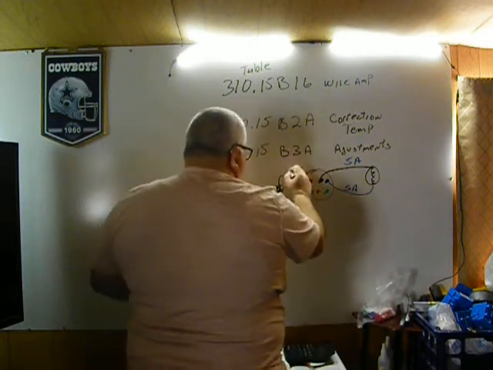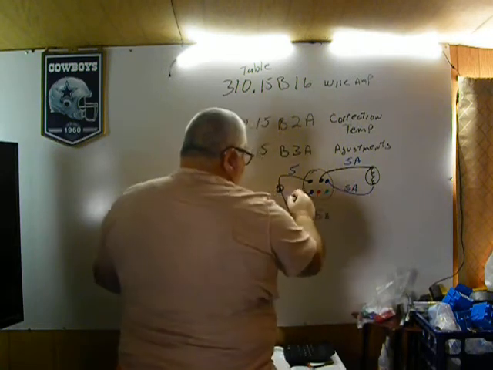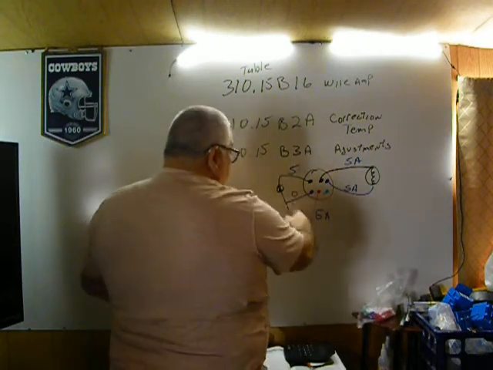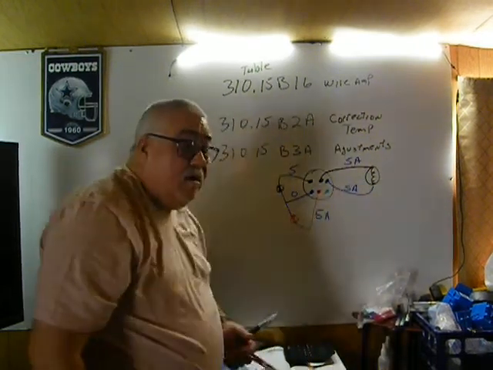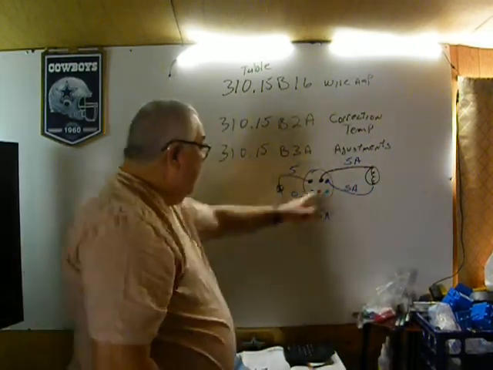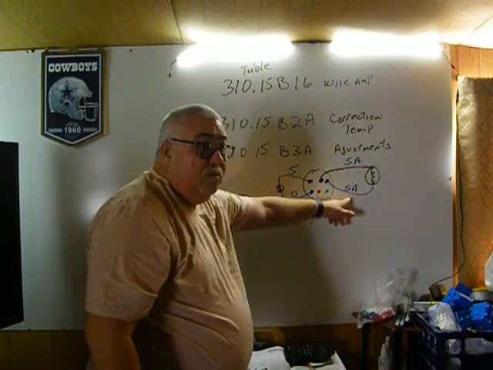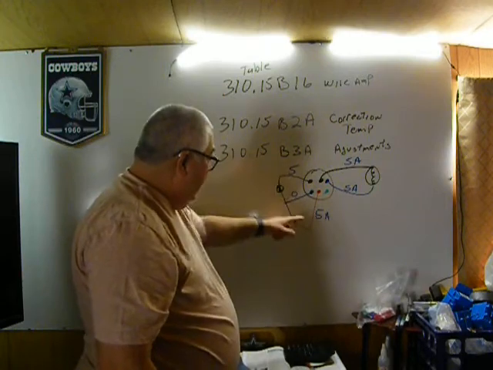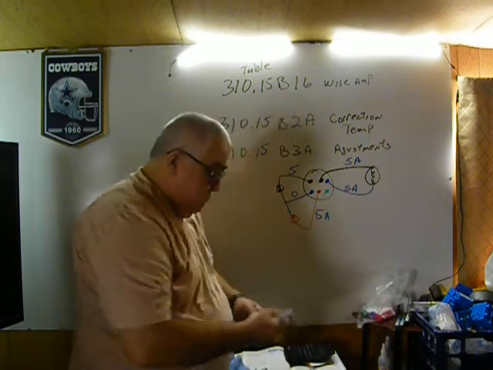So if I got 5 amps here and I got 5 amps here, that evens out. 5 minus 5 equals 0, so I have nothing on the neutral. So the neutral is not carrying any current, so I don't have to count it. Over here, it is carrying current because whatever's on the hot will be on the neutral. Here, this hot and this hot cancel each other out, so I got 0.